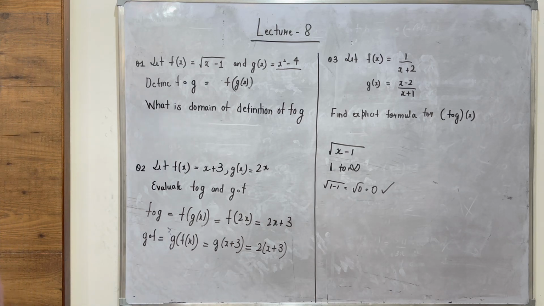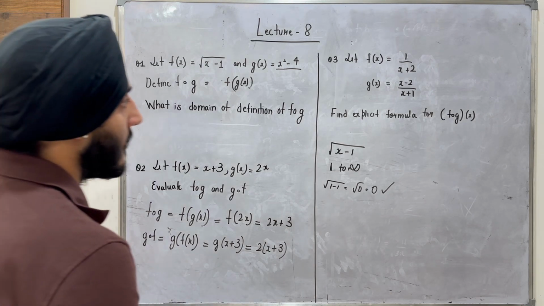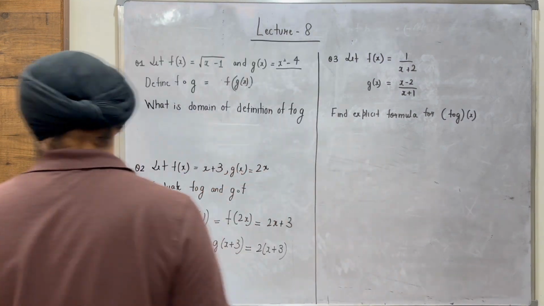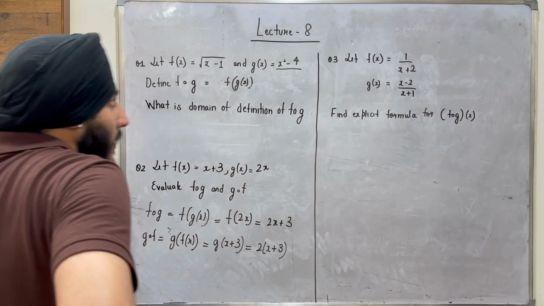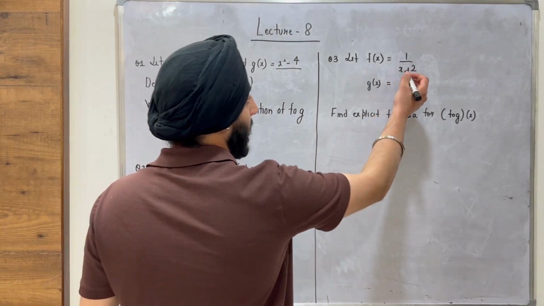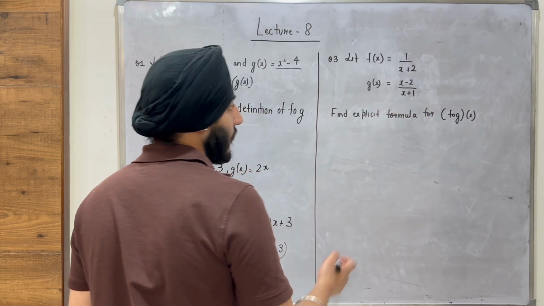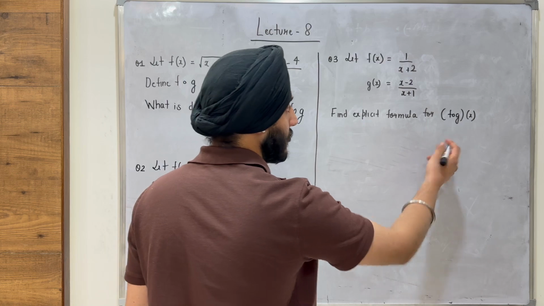Moving on, let's try to solve question number 3. Let f of x equal 1 by x plus 2 and g of x equals x minus 2 by x plus 1. Find the explicit formula for f o g of x.